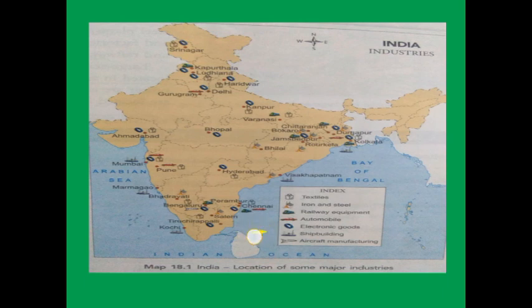Then here this Durgapur in Bihar, Pune, and Gurugram near Delhi. So in these places, automobile industries are there, in Mumbai also. Okay, got it? So look at the map carefully and find out all these in your map.